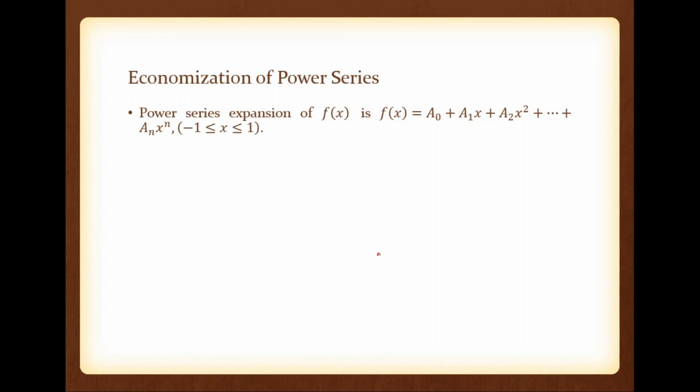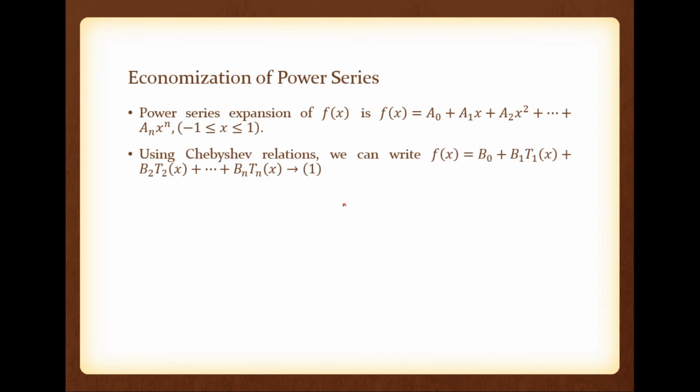A means coefficient. Okay. So by using Chebyshev polynomial, we can replace this f of x is equal to b0 plus b1 T1 of x plus b2 T2 of x plus etc. bn Tn of x. Please note, if the largest power is x raised to n, the largest Chebyshev polynomial will be Tn of x. That please note. So this is equation number 1.